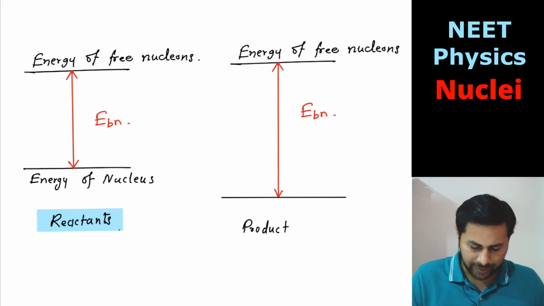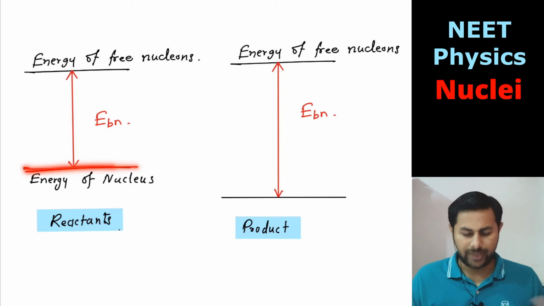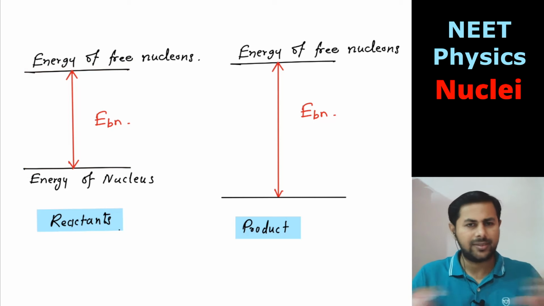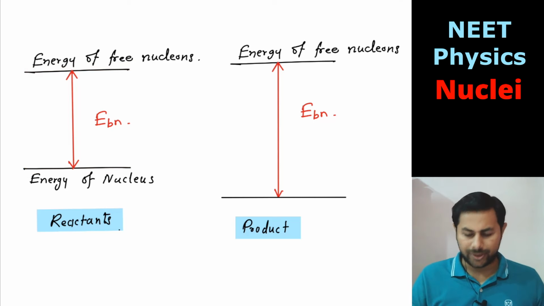This is again the energy of the nucleus of reactants. Now the energy of free nucleons would be at the same level because the number of nucleons will not change in reactants and products.